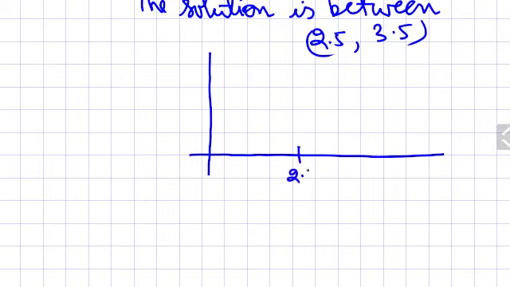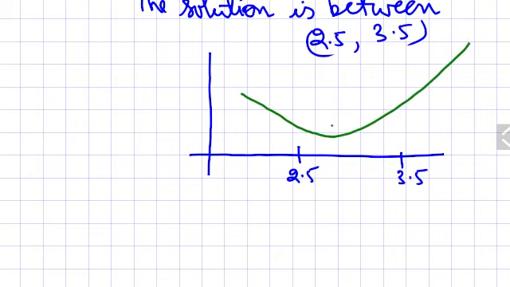This is your 2.5 and this is your 3.5, and your function is going like this. We have not found the exact point. We are saying that our solution is between these 2 points.